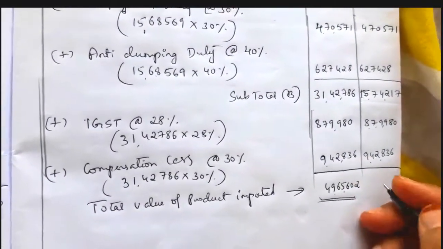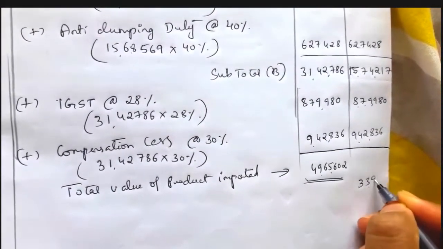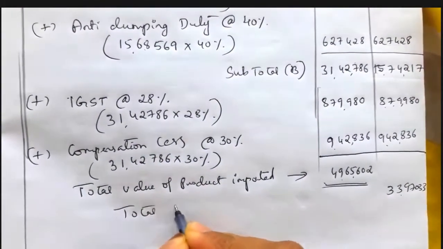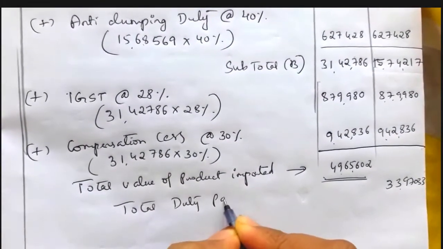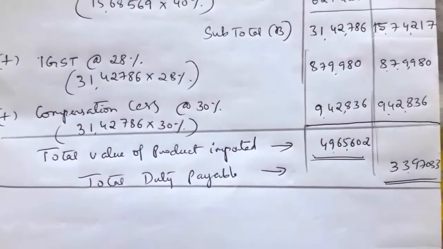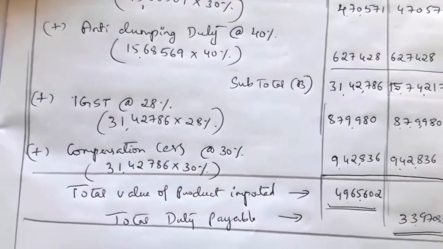Then the total tax they have to pay is 33,97,033, which is the total duty payable. So this is about this illustration.